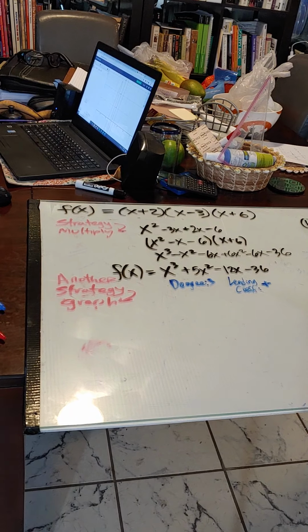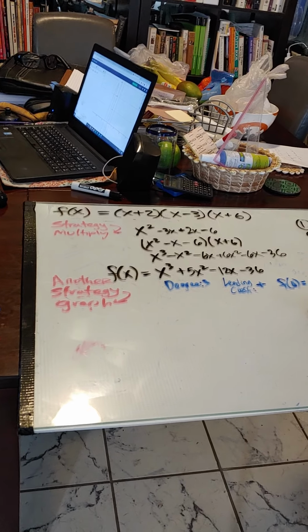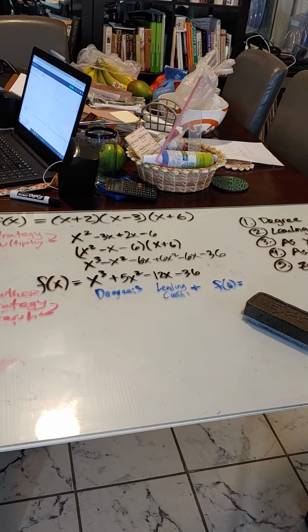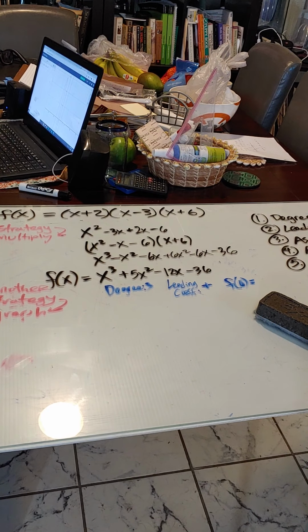That's important. The next strategy is to, again, graph this thing, but we're going to take care of something else that's really important in terms of graphing this. We're going to identify the y-intercept. So f of 0 tells us basically when x is 0, right? And it's our constant.